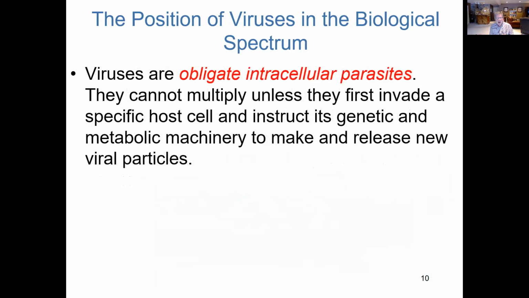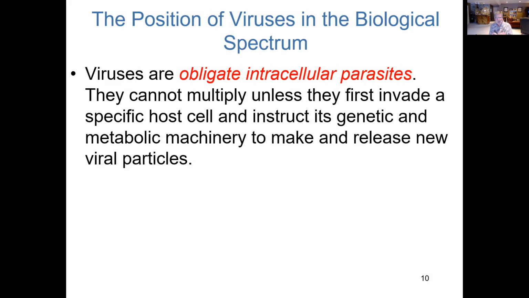Okay, we've already said that in order for a virus to complete its life cycle, it has to get into a cell. And so we often use the term obligate intracellular parasite when describing a virus. Obligate simply meaning that the virus is obligated to get into a host cell before it has any chance of making more copies of itself, if you will.